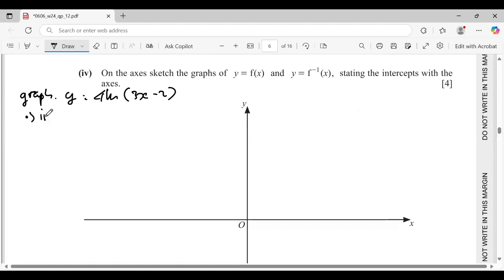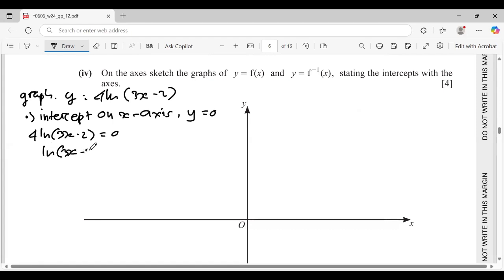First find the intercept on the x-axis. Set y equals 0, so 4 ln(3x - 2) equals 0. So ln(3x - 2) equals 0, and 0 is ln 1.